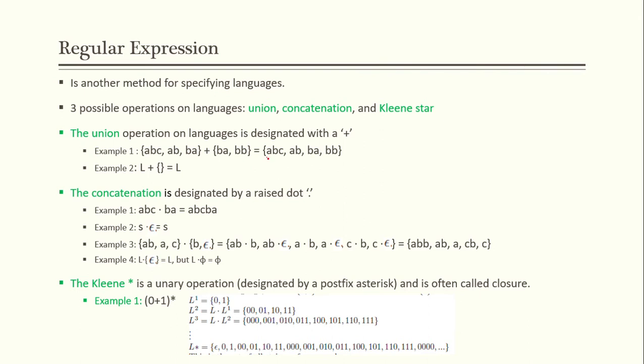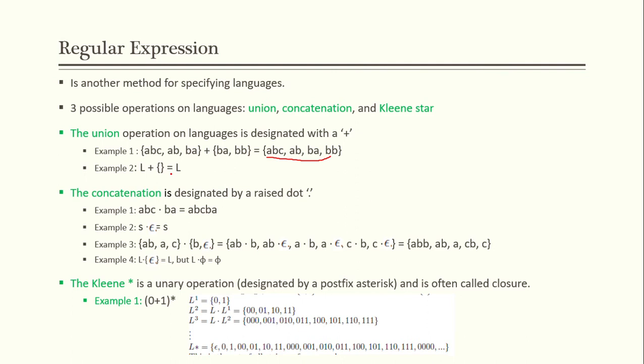This is the output for the union. Example 2: if you have a language plus an empty string, what will be the output? The language itself. Adding an empty string means you get the first language itself.